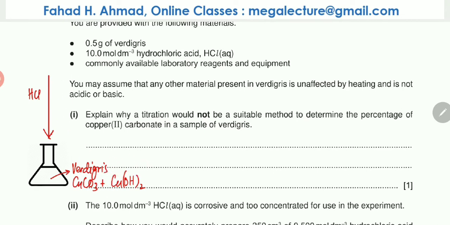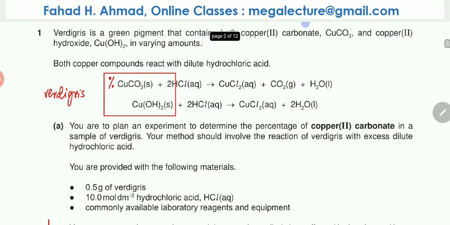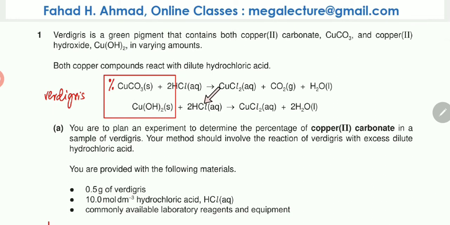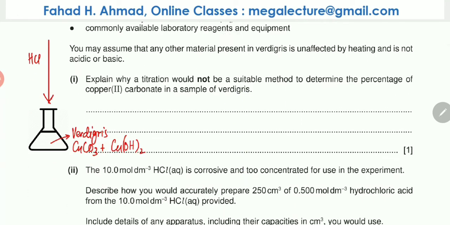Now the problem is that, as already shown with the equations, both copper carbonate and copper hydroxide react with HCl. So even if you figure out the moles of HCl, you won't be able to figure out how much of that HCl reacted with copper hydroxide or with copper carbonate. HCl is going to react with both of them.